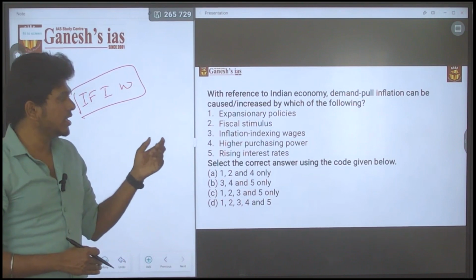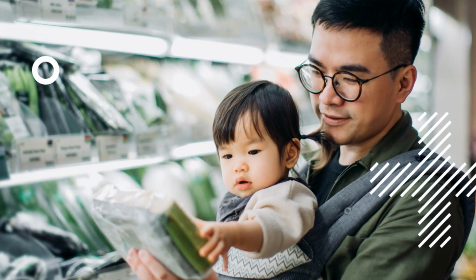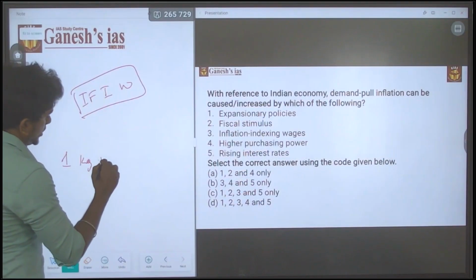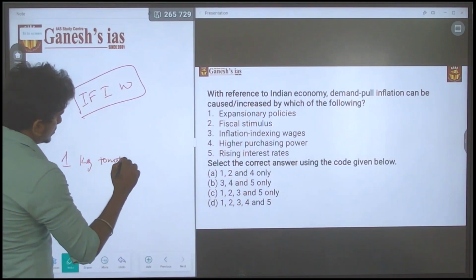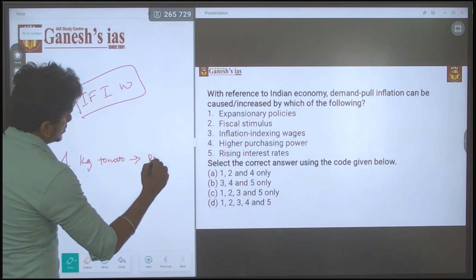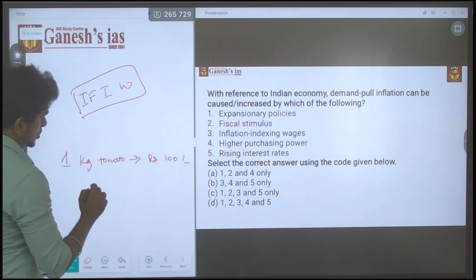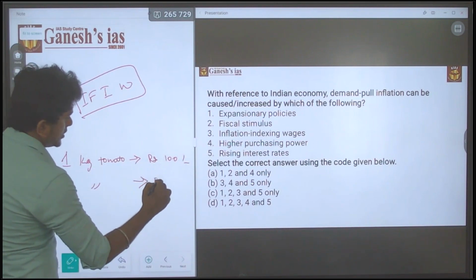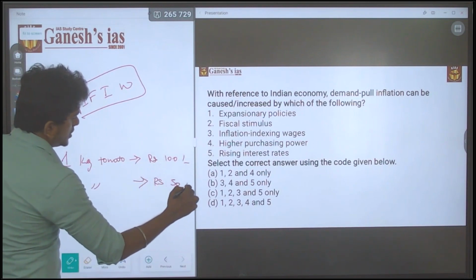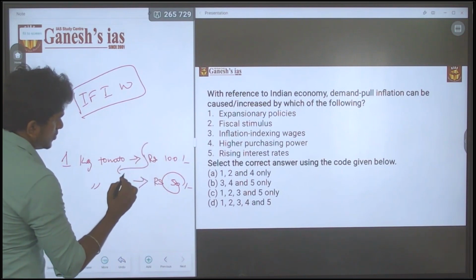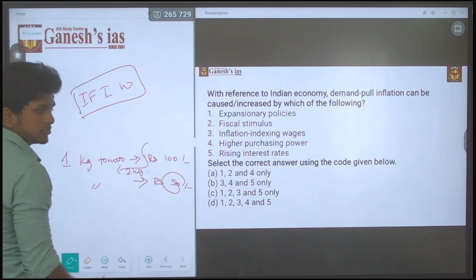Now the fourth statement, higher purchasing power. Consider that 1 kg of tomato is 100 rupees in the market. Suddenly the price is reduced to 50 rupees, which means now with this 100 rupees you can buy 2 kg of tomato.